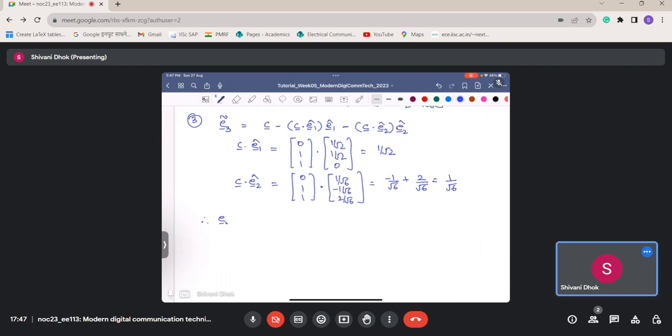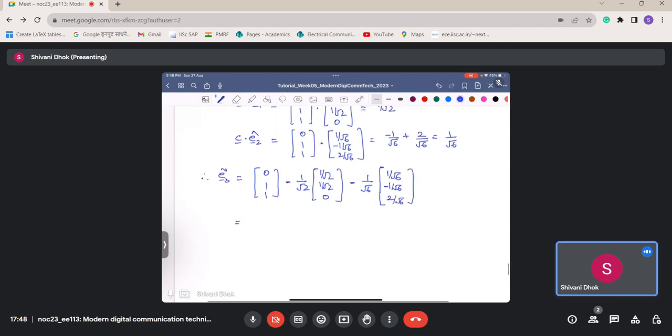Therefore this e3 tilde will be c, which is (0, 1, 1), minus 1 by root 2 into the vector (1 by root 2, 1 by root 2, 0), minus 1 by root 6 multiplied by (1 by root 6, minus 1 by root 6 and 2 by root 6).